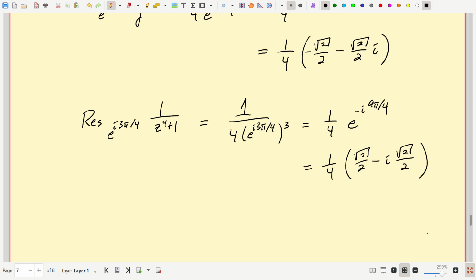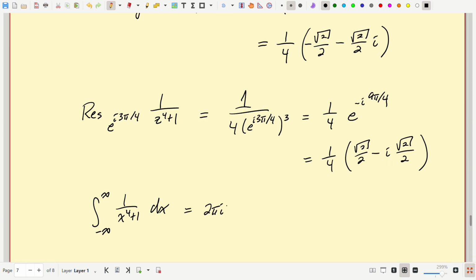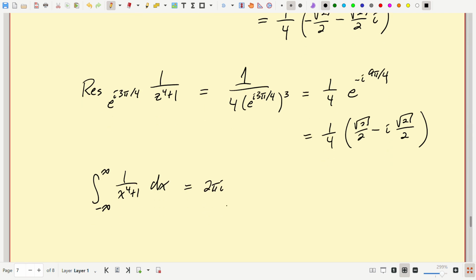And so the answer is going to be that my integral from minus infinity to infinity of 1 over x to the 4th plus 1 dx is equal to 2 pi i times the sum of those two things. So that's going to be 2 pi i times 1/4.